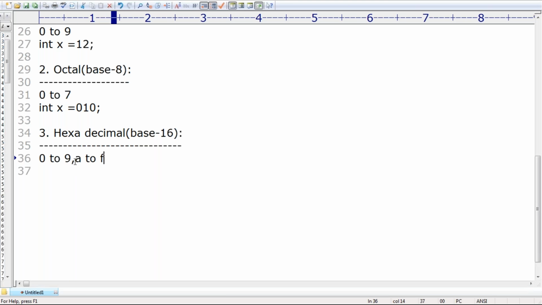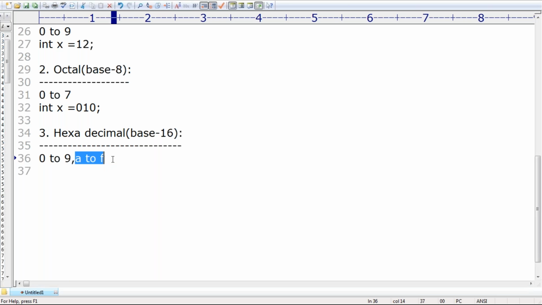Is this A to F lowercase or uppercase? Remember, you can use either lowercase or uppercase or both, because Java is a case sensitive programming language and case is very important.